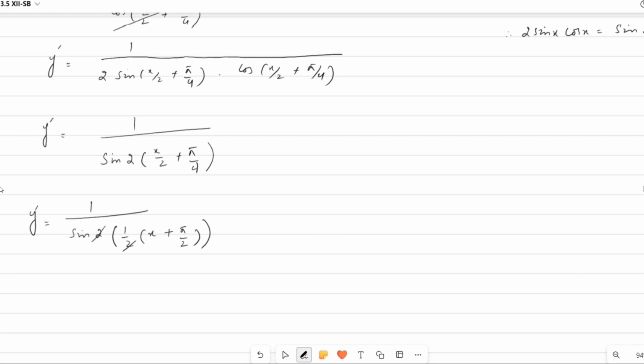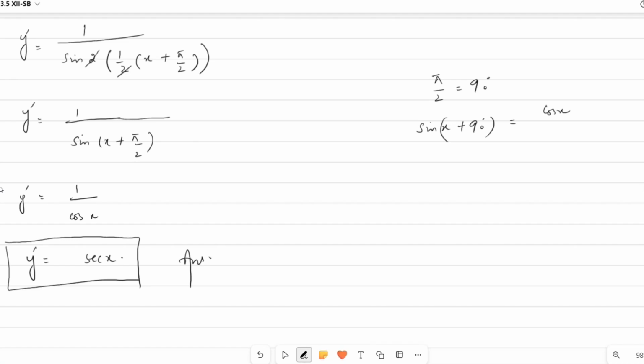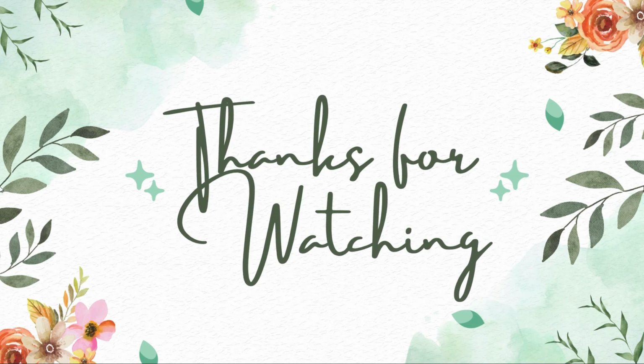So 2 is cancelled with 2 and here we have 1 upon sine x plus pi by 2, and pi by 2 is equal to 90 degrees, and sine x plus 90 degrees is equal to cos of x. So y dash is equal to 1 upon cos x, which is secant x. This is actually the answer of the 12th part, and this is a very important part.